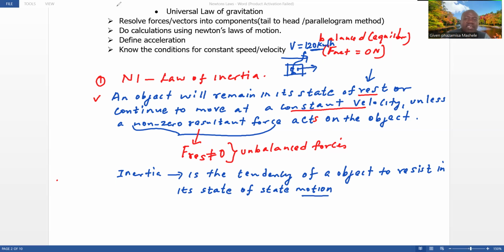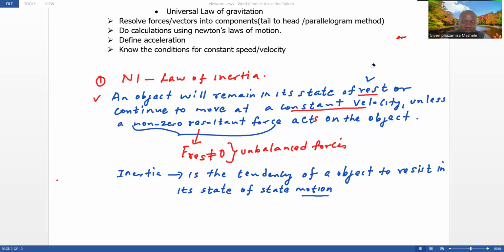That is according to Newton's first law of motion, which says an object will remain in its state of rest or continue to move at a constant velocity unless a non-zero resultant force acts on the object.